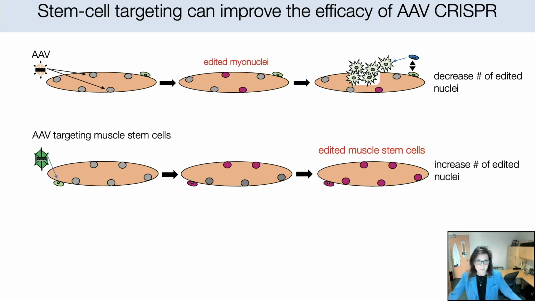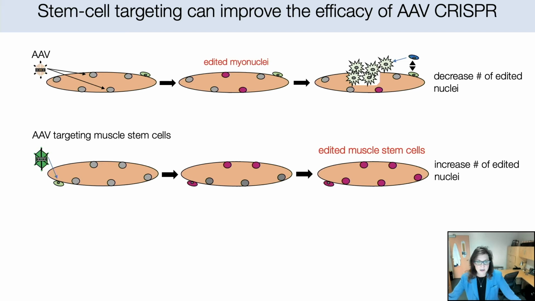And so I've mentioned redosing, but the last manner in which we could improve the efficacy of gene editing is to target muscle stem cells. Dr. Gersbach mentioned this briefly.